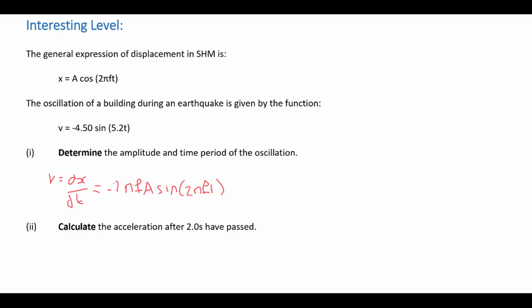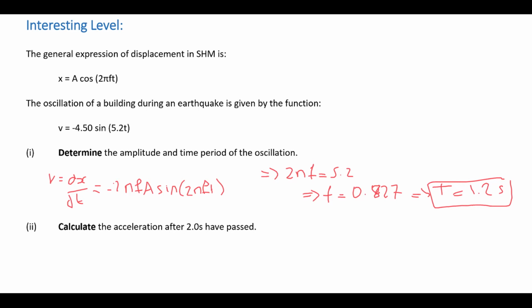Okay, so from that we know that 2 pi f is equal to 5.2, which means that f is equal to 5.2 divided by 2 divided by pi, 0.828, which means the time period is going to be 1 over that, which is 1.2 seconds.